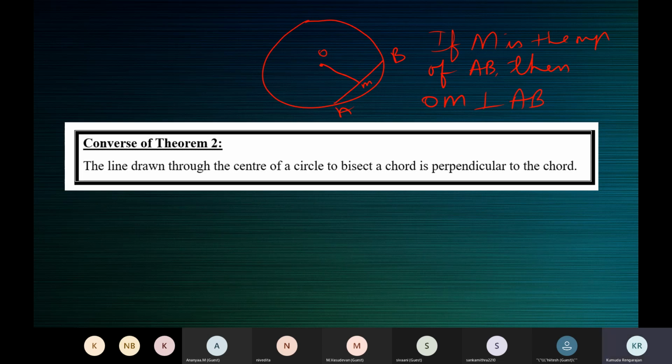If M is the midpoint of AB, then OM, because OM is the line from the center, O is the center of the circle, should be perpendicular to AB.